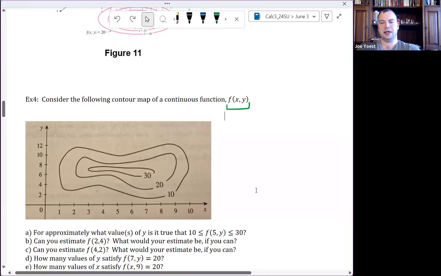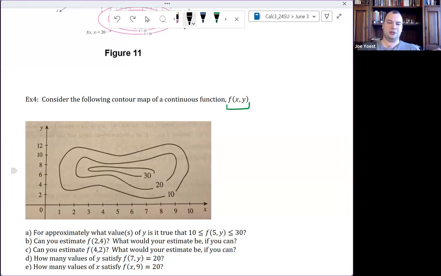Now, obviously, there's a trade-off here. The more curves that I have, the more information I have, but also the more cluttered the picture is. We don't want a contour map that has level curves at every 1 unit increment, 10, 11, 12, and so on. That's going to be just a huge blob of ink on our page.